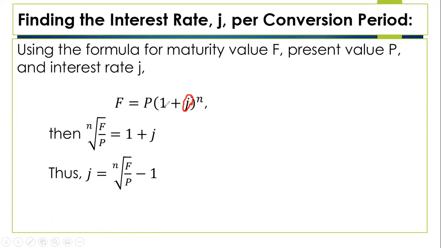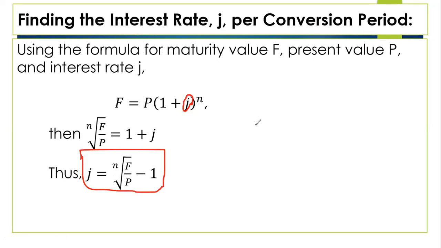Tapos, nth root para makuha natin, mahiwalay natin si J. So, nth root of F over P. That is equal to 1 plus J. And then, nahiwalay na natin. J will be equal to the nth root of F over P minus 1. So, this will be the formula for the J. Kapag J naman yung hinahanap or the interest rate. Okay?